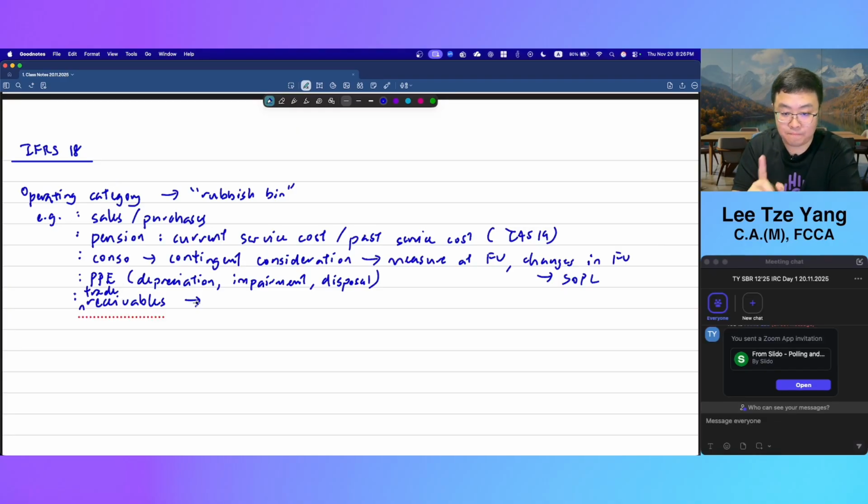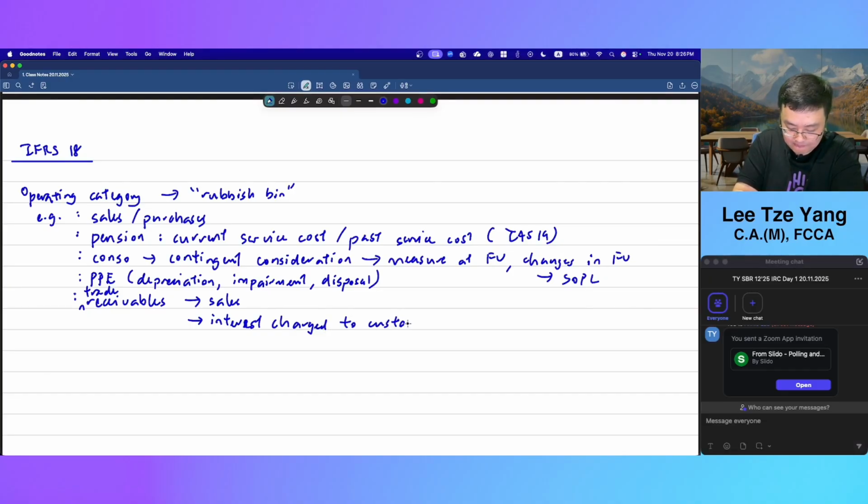For example, sales, interest charge to customer. Example, late payment. The customer pays you late, you charge them interest.